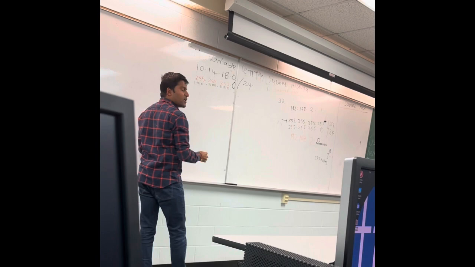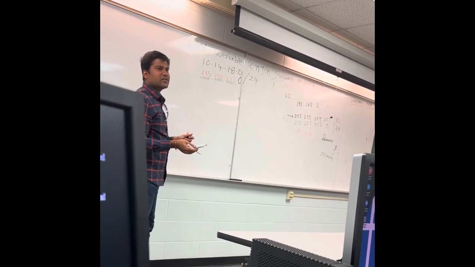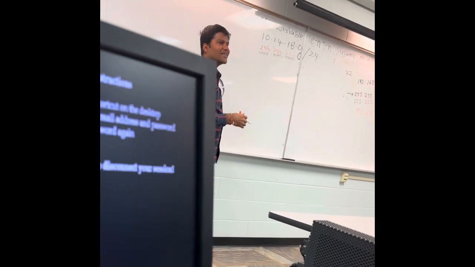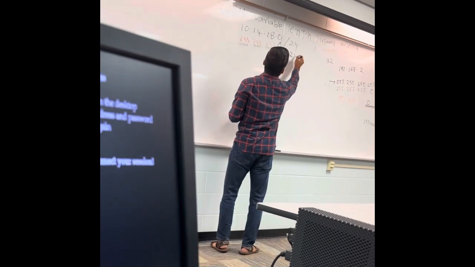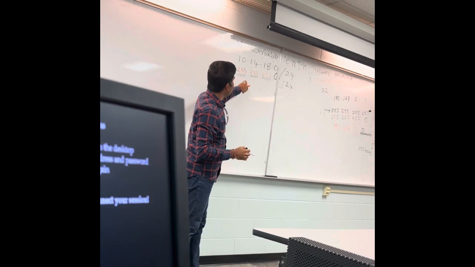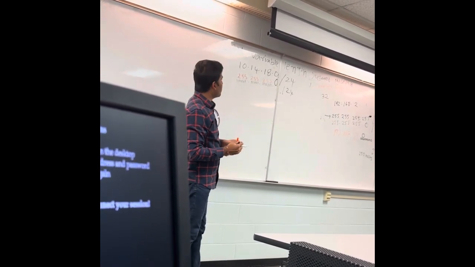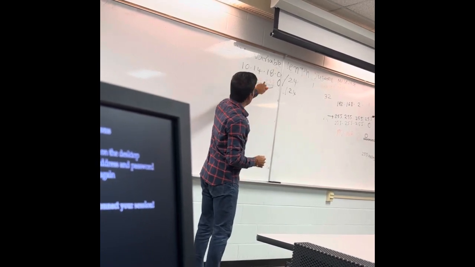How many ones are there now in total? 8 ones, 8 and 8 is 16, 8 more is 24. So /24 means there are this many ones, but you cannot represent it in binary, right? You have to convert it into decimal. If you convert to decimal, it's 255.255.255.0.